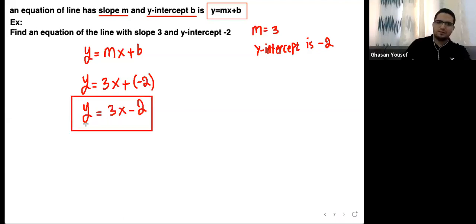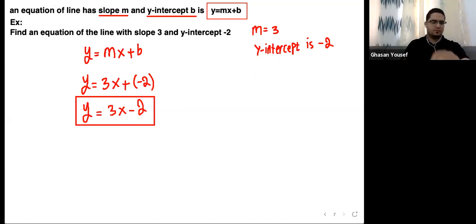Any question for this example? Y equals 3x minus 2. Now for the vertical and horizontal lines.